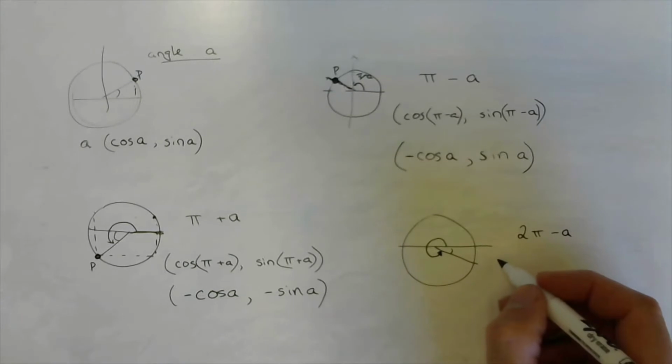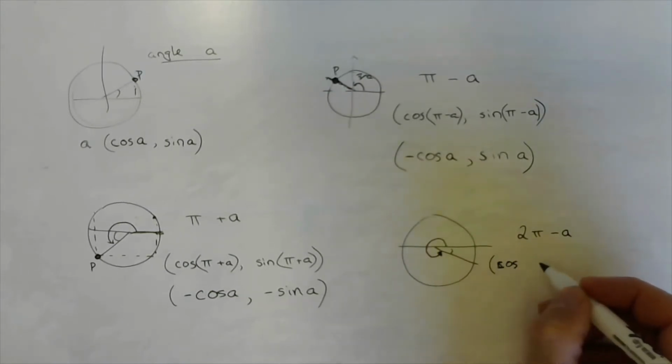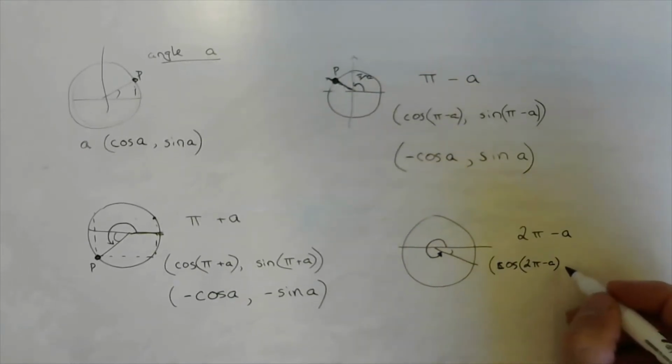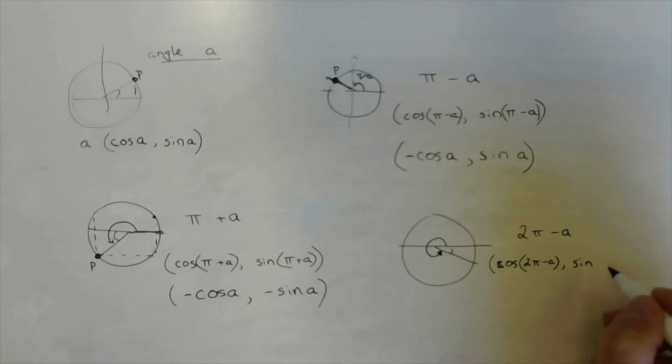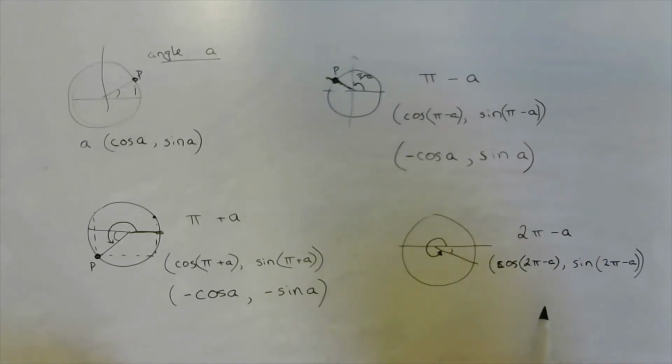We have the cosine of 2 pi minus a, where your angle measurement is in brackets, comma, the y-coordinate is the sine of 2 pi minus a. And we can reduce this one more step because 2 pi and 0 are the same. When you go around a circle, it doesn't matter how many times you go around it, you can go around 720 degrees, you're still going to be back here at 0, okay?